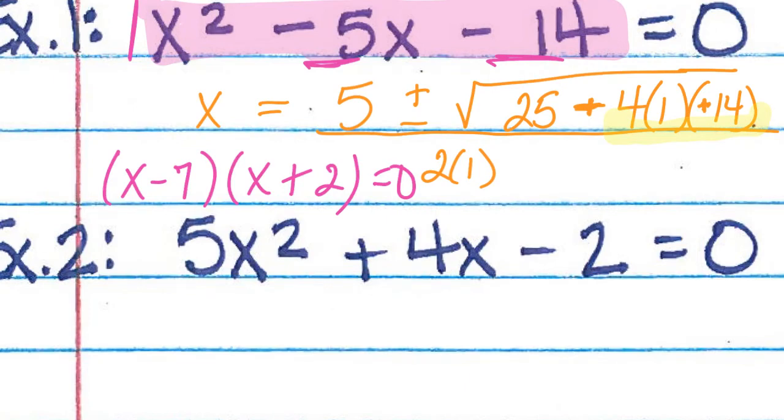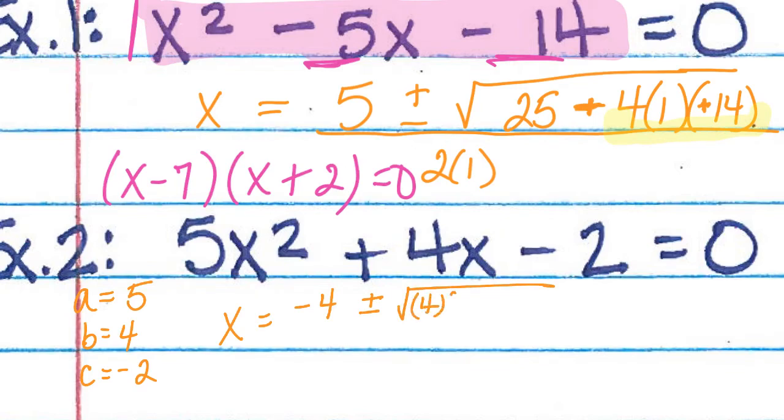First thing we want to do is name our A, B, and C. A is 5, B is 4, C is -2. x is equal to opposite b plus or minus square root b squared minus 4ac all over 2a.